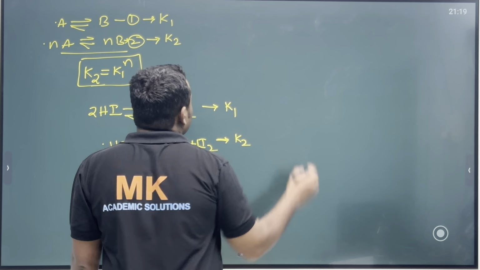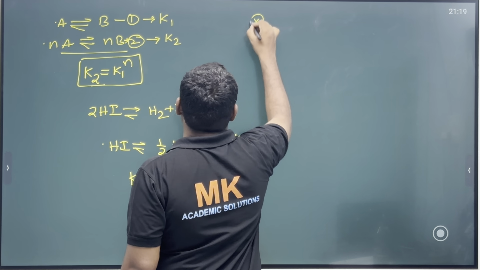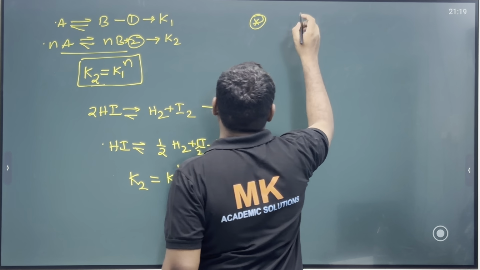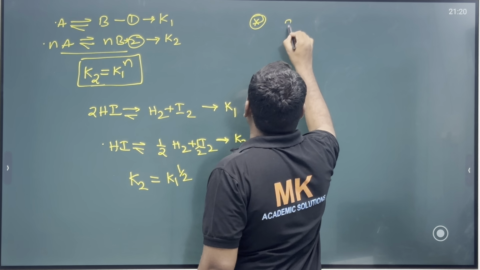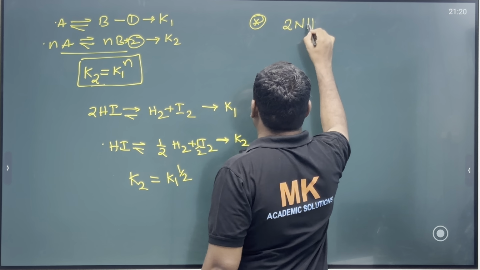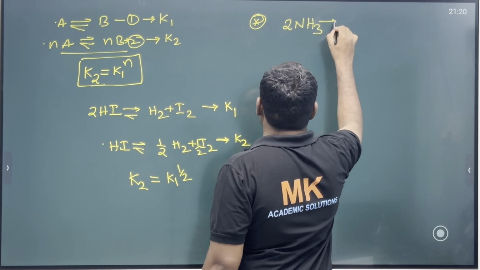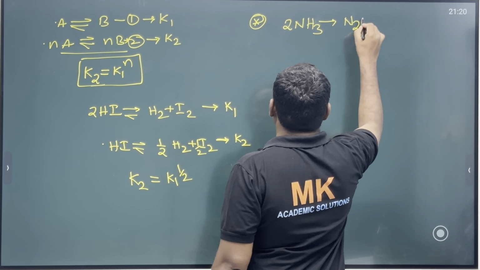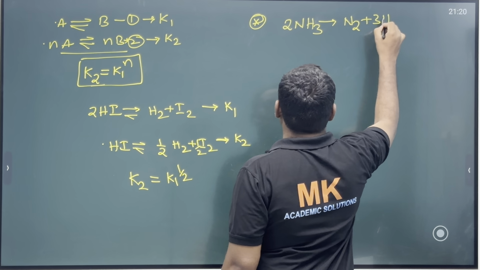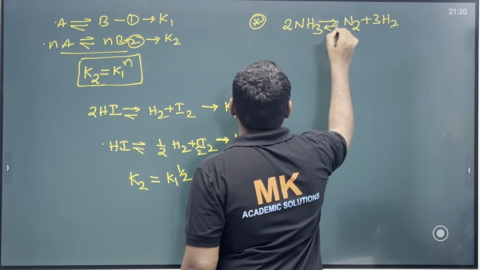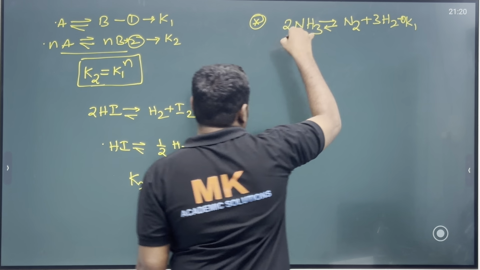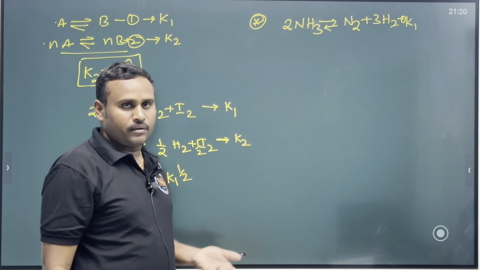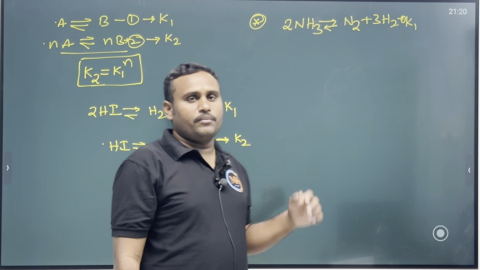Next you take some more examples also, no problem. 2NH3 gives rise to N2 plus 3H2. For this the equilibrium constant is K1, and the same reaction I am going to take by changing the stoichiometric coefficients.